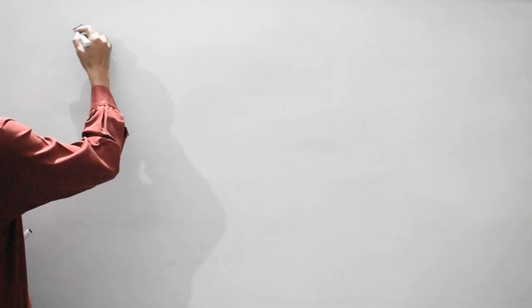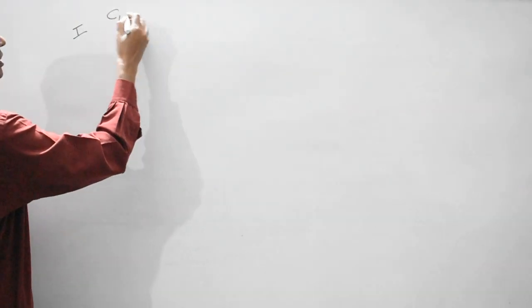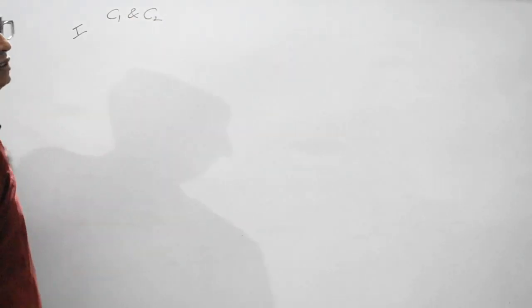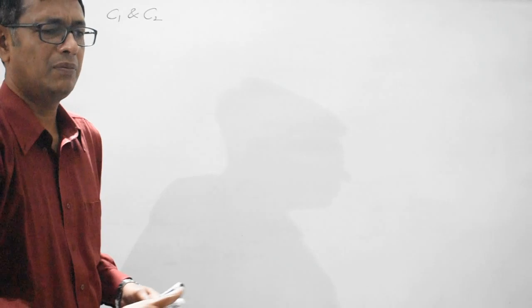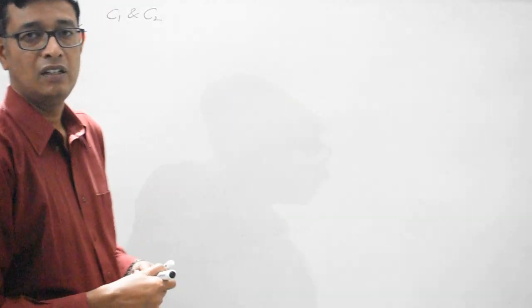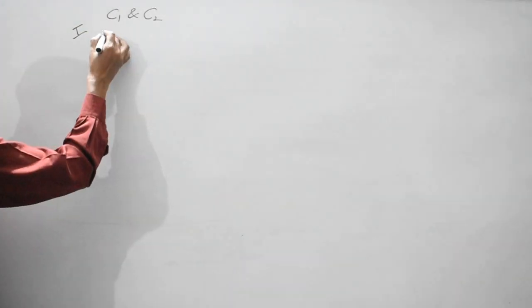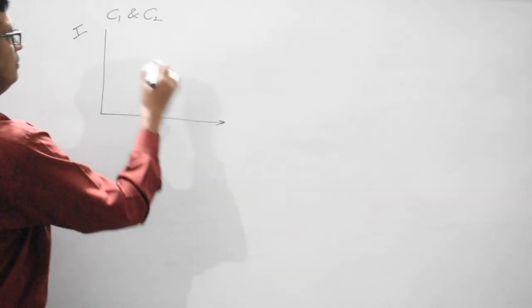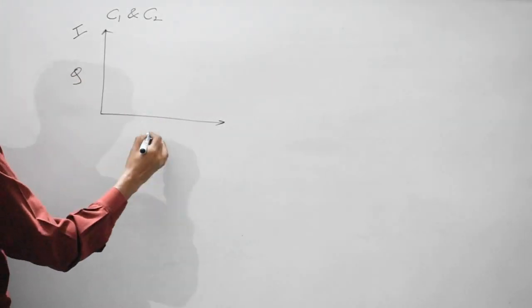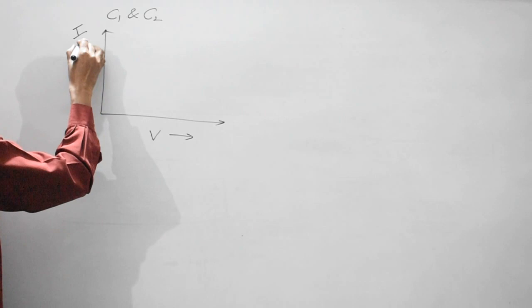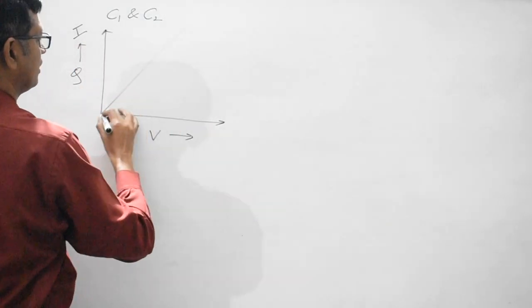So the first question is a graphical one. Two capacitors having capacitances C1 and C2 are given. Once they are connected in series, and then they are connected in parallel, a QV graph is plotted for them. The graph obtained is like this.